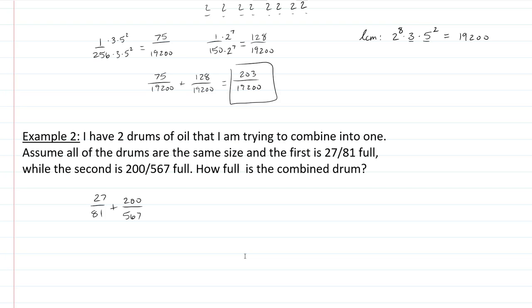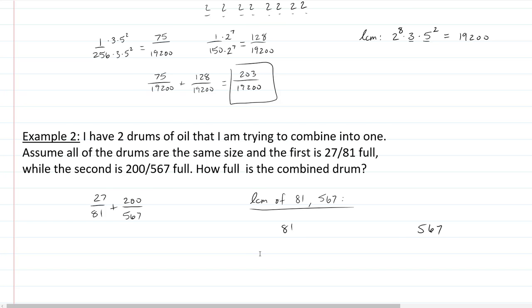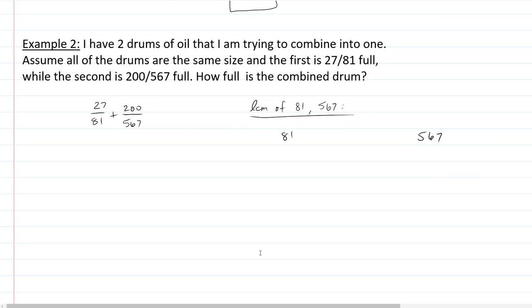So first we have to find the LCM of the denominators, right? So the LCM of 81 and 567. To do this, since they're large numbers, we're going to use the prime factorization trees of both of these. So 567 is actually 7 times 81. 81 is 9 times 9.